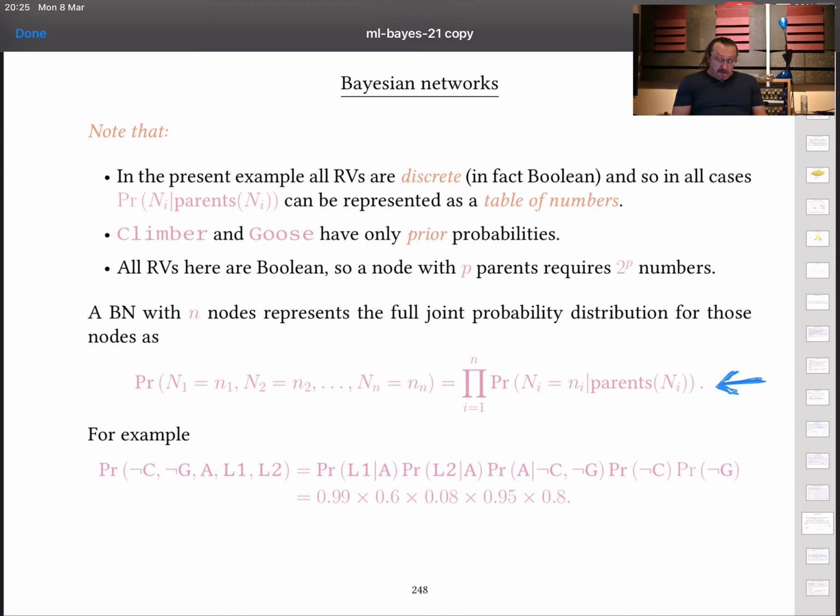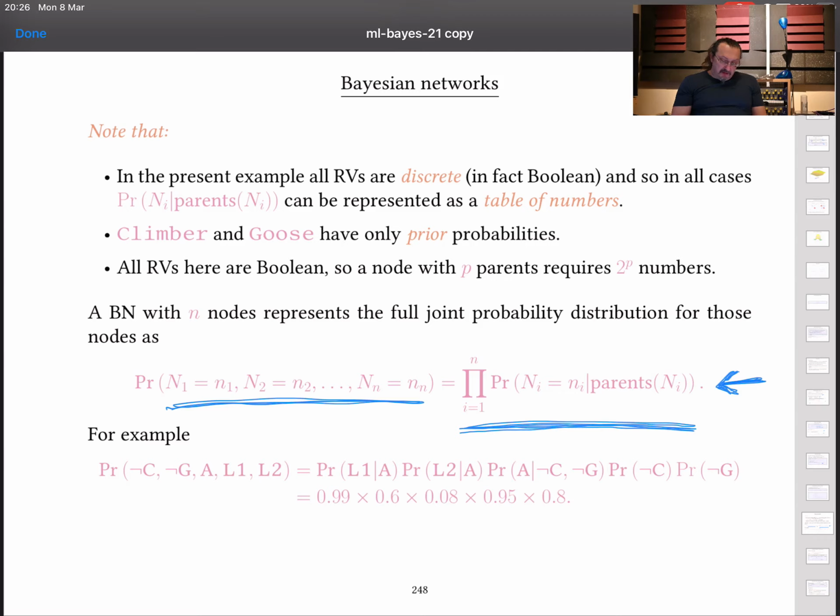Okay, so this is saying that if you have a Bayesian network with small n nodes in it, okay, small n random variables, the probability of any particular combination of values is the product over each node of the value given by the conditional distribution for the corresponding variable. Okay, and if it's a prior, so it has no parents, then we're just using the prior probability there.